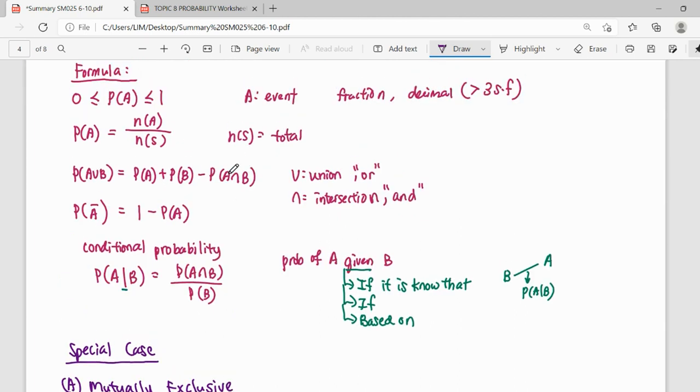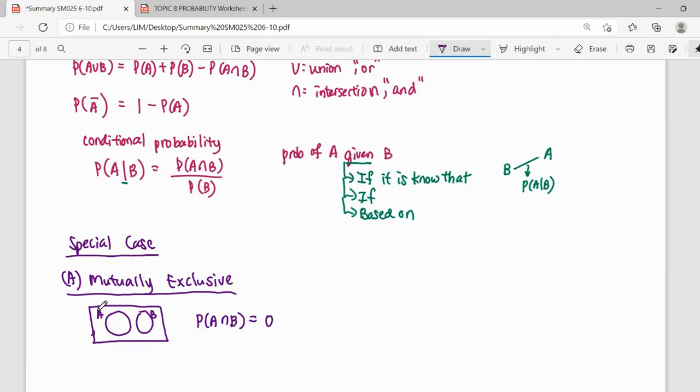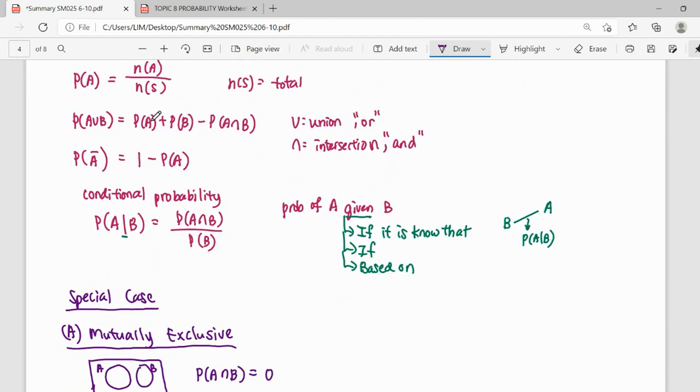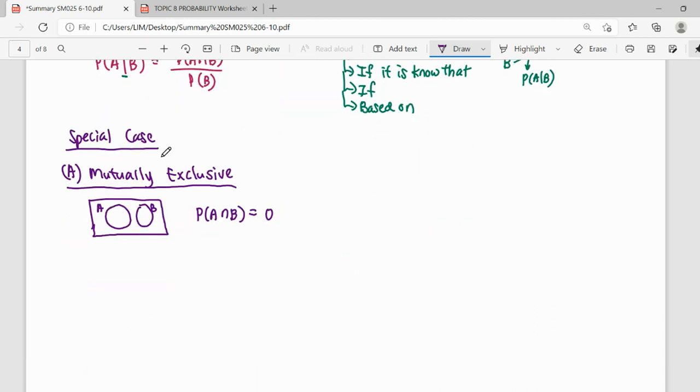We will put 0 here. So when you want to find your A union B, it's just P(A) plus P(B) minus 0. So mutually exclusive, we can see on its Venn diagram. You can see their Venn diagrams are different drawings, and their formula, their main idea is talking about their intersection is 0.